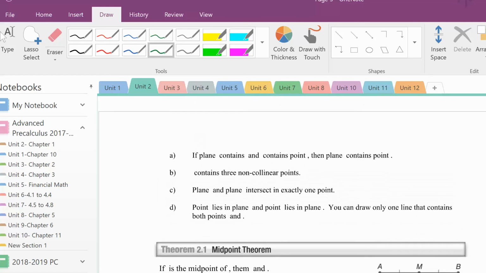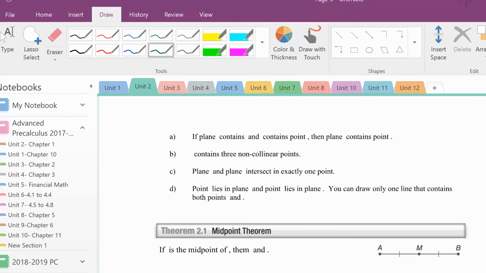So for part A, it says, if plane T contains line EF and EF contains point G, then plane T contains point G. So basically, if a plane contains a line and then the line contains a point, then does the plane also contain that point?